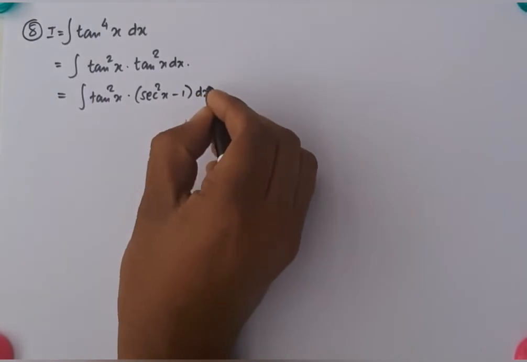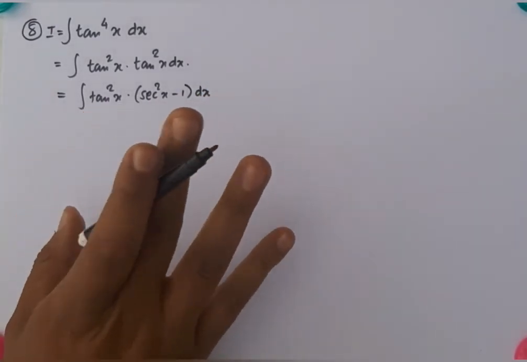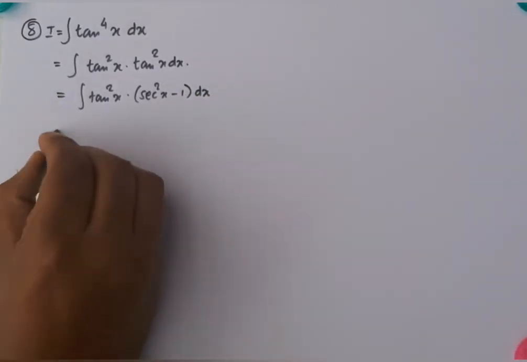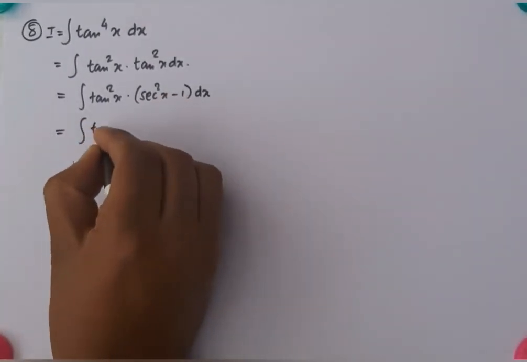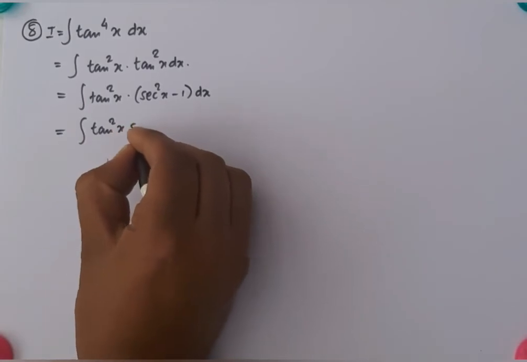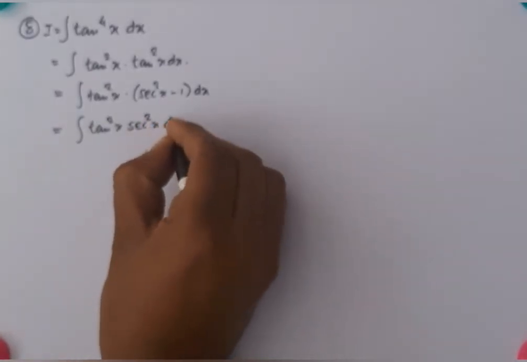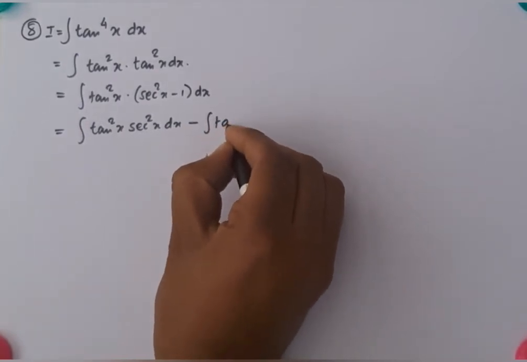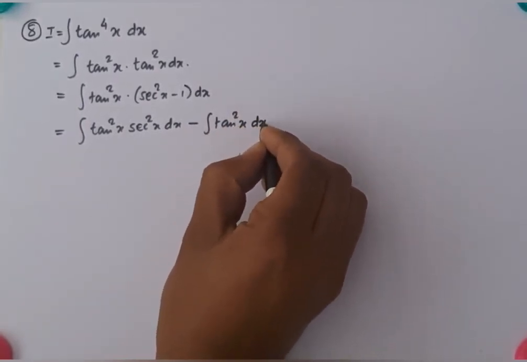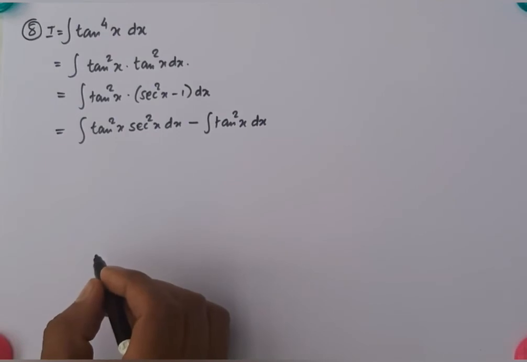Now you have to open up the bracket. If you do that, you get tan square x sec square x dx minus tan square x dx. This is the integral that you arrive at.